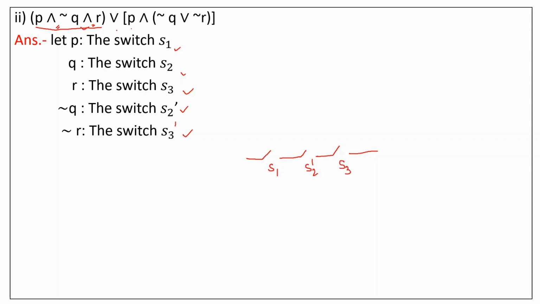Now next, this is OR, means they are parallel with. Next bracket. See, first you have to draw this. So this is different. P is in series with, that is S1, is in series with these two, but S2 dash and S3 dash, they are parallel.